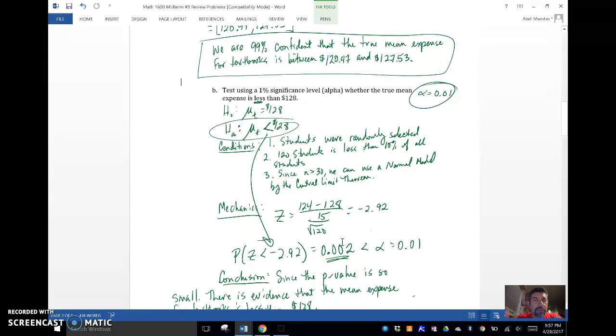We would only see what we saw 2 out of 1,000 times by chance if the null hypothesis was true. So that must mean that the null hypothesis can't possibly be true. That's a pretty darn rare instance, right? So that's really what we're trying to do. That's the evidence providing basically truth that the alternative must be true.